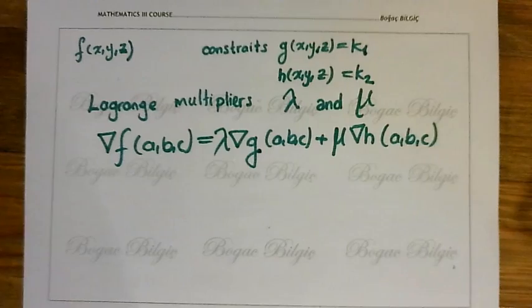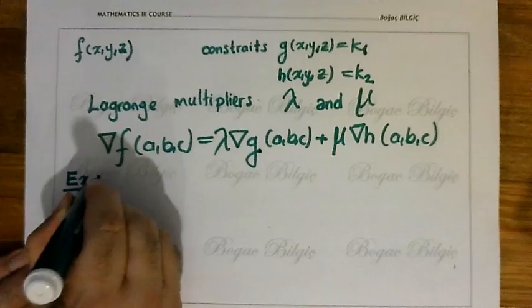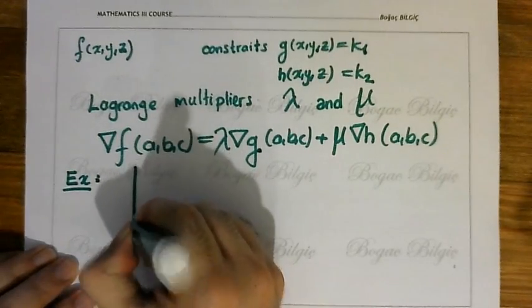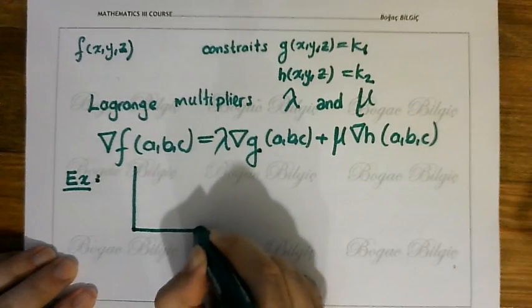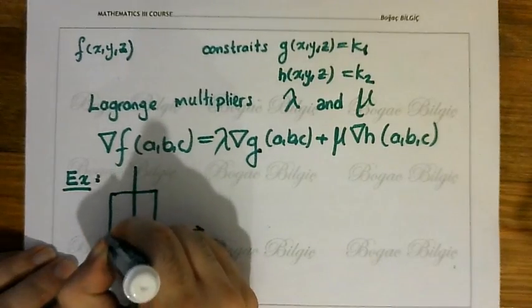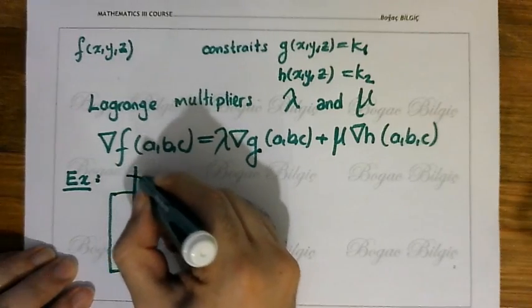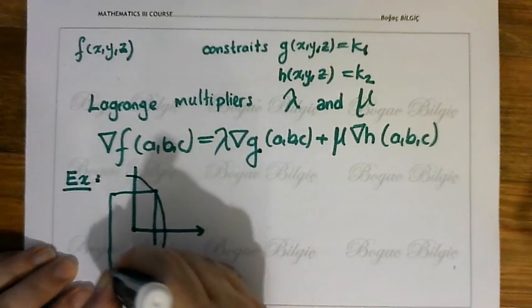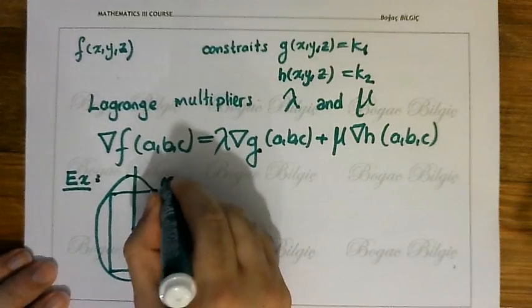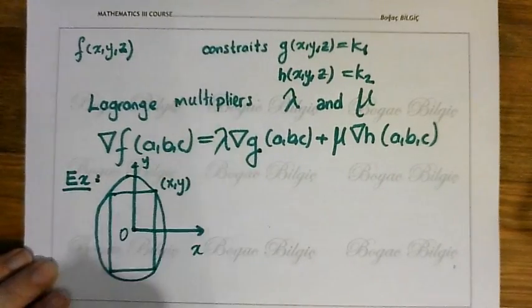Example. There is a rectangle and there is an ellipse, with a point (x, y), the x-axis, y-axis and origin.